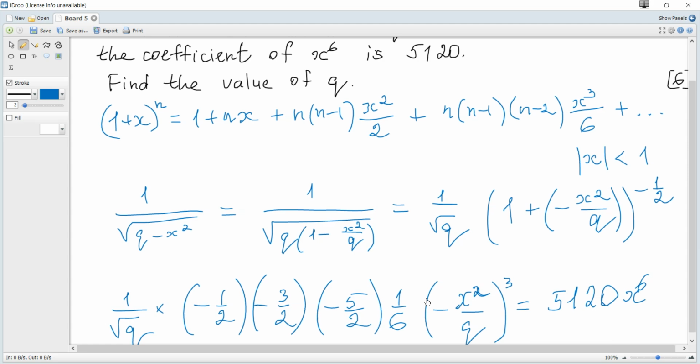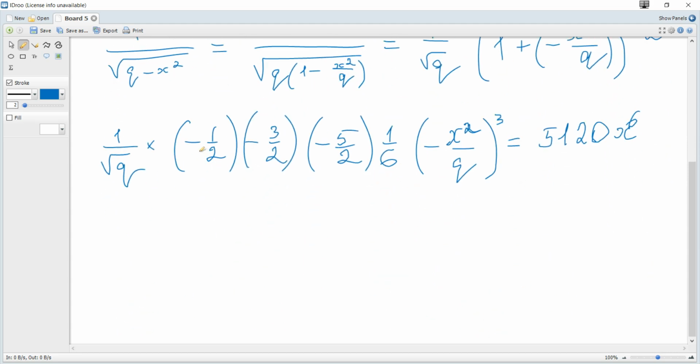and it is equal to the given value. You can see that there are 1, 2, 3, 4 minuses, so it's plus. And what about q? It's a square root multiplied by q to the power of 3, so it's q to the power of 3.5, or 7 over 2, multiplied by 15 over 8 times 6, so it's 48.